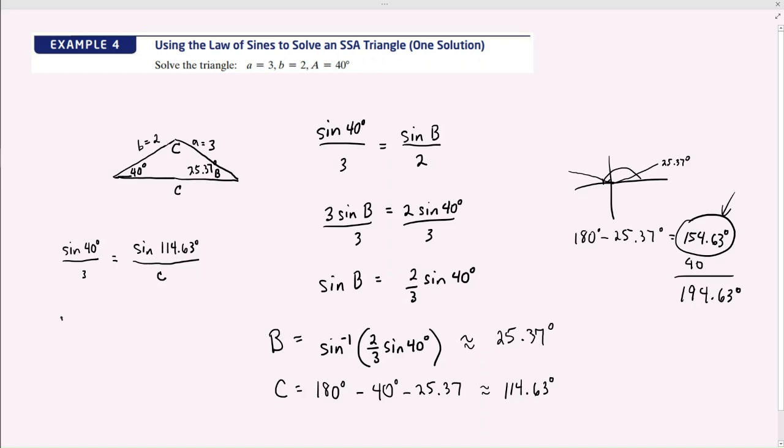So C times sine of 40 degrees is equal to 3 times the sine of 114.63 degrees. And then, of course, we want C, so we'll divide both sides by the sine of 40.